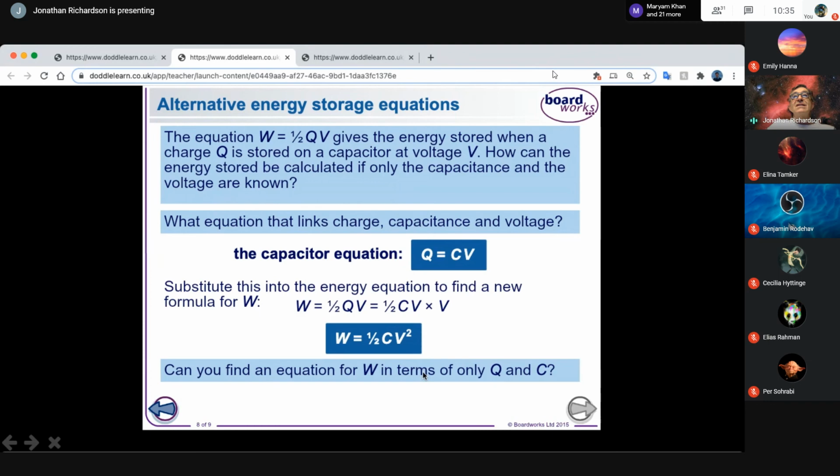So what's the equation for work in terms of C and Q? Well, we can take the alternative and instead of having voltage, we're putting in the quantity of charge and the capacitance with no voltage.